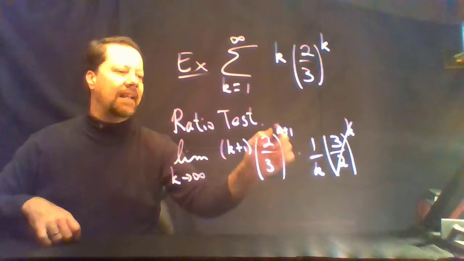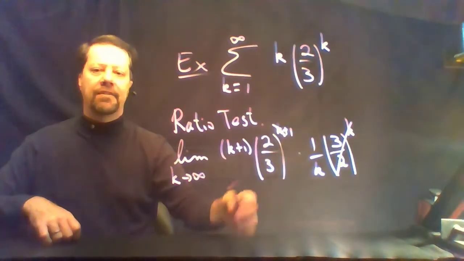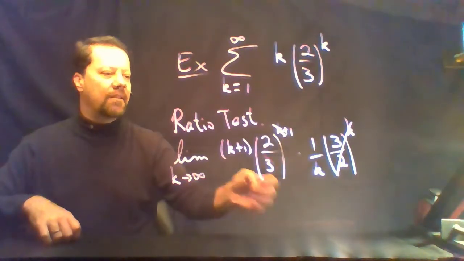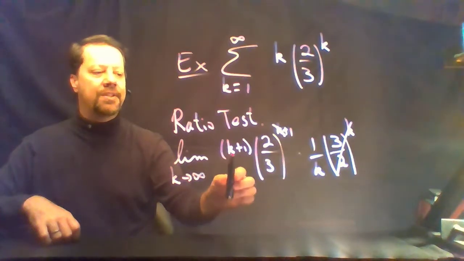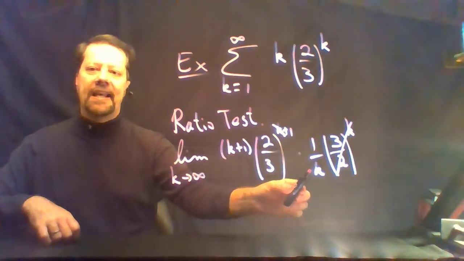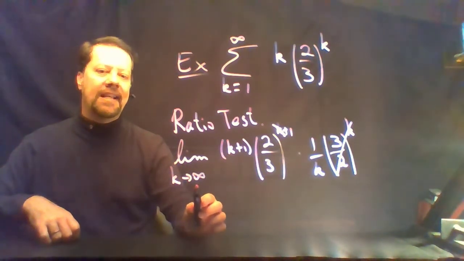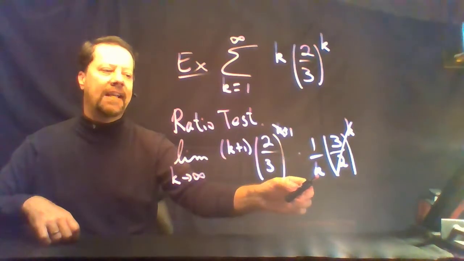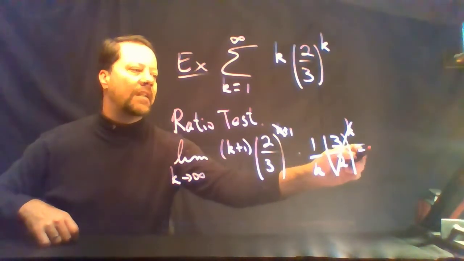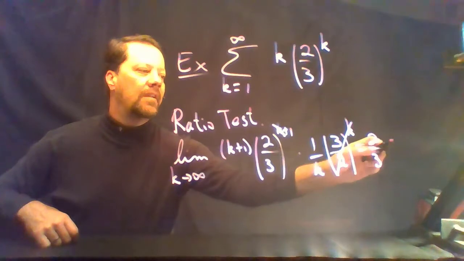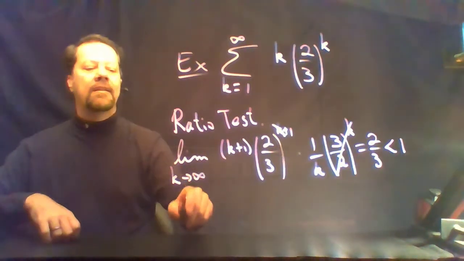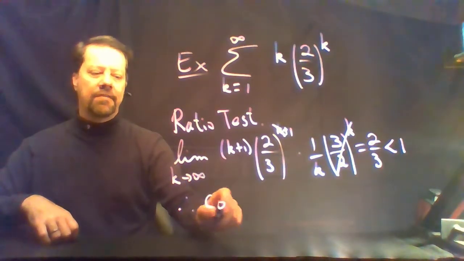We can cancel all but one factor of 2/3. We're left with 2/3 times the ratio k plus 1 over k. In the limit as k goes to infinity, the k plus 1 over k goes to 1, and so the limit is 2/3, and that is less than 1. Therefore, the series converges.